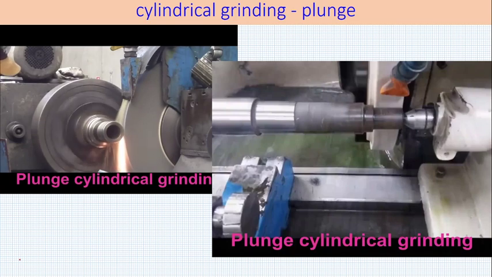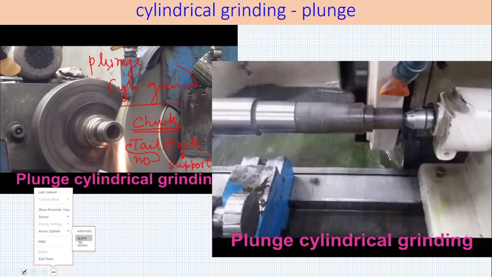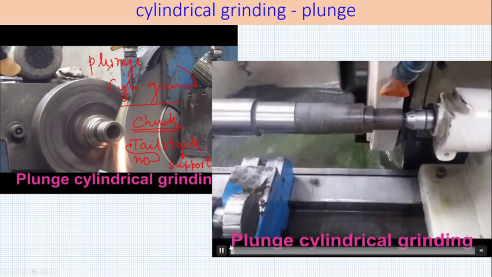This is an industrial situation, so they do mount it like this. The workpiece is a short workpiece, and this is plunge cylindrical grinding. We discussed the kinematics and everything in the last class, but we did not show you the video. So let us see another variant of the same, which is plunge cylindrical grinding.